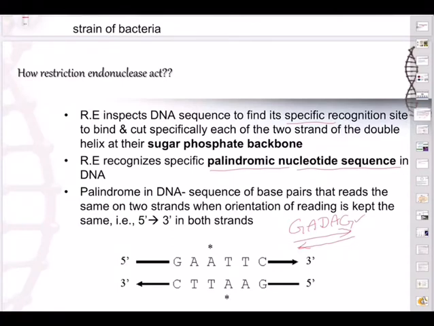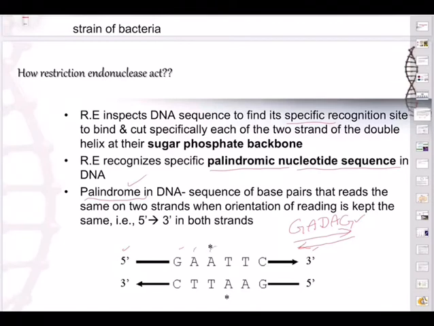Similarly, I think you can quote many words like Malayalam, and in Kannada, Vikatakavi. If you spell it both ways, left to right and right to left, then it is called a palindrome. So in DNA, what is a palindrome? Look at that. The direction is 5' to 3'. And what are the nitrogen bases arranged in sequence?